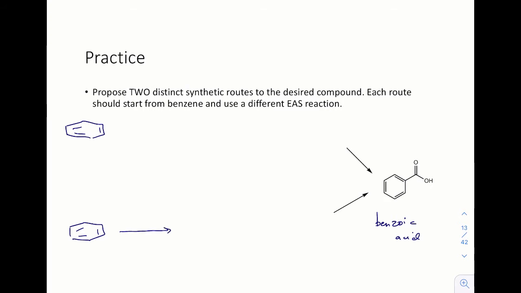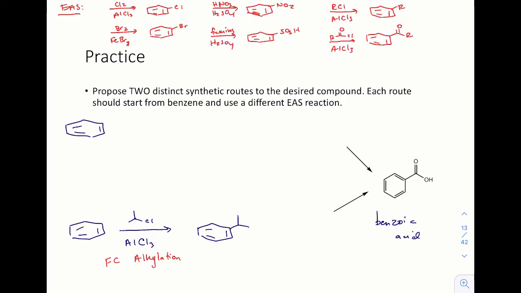Perhaps the obvious one would be using a Friedel-Crafts alkylation to generate an alkyl benzene. Just recalling the six electrophilic aromatic substitution reactions that we discussed. Now, Friedel-Crafts alkylation requires a stable carbocation, but remember that oxidation of the benzylic position requires a benzylic CH.